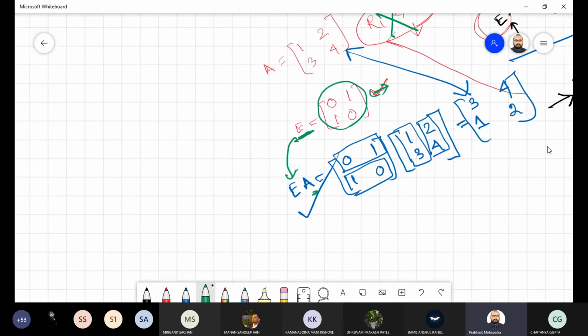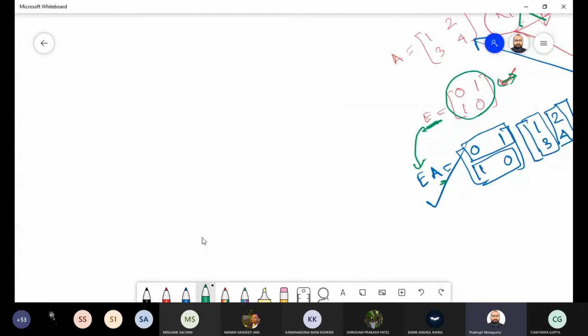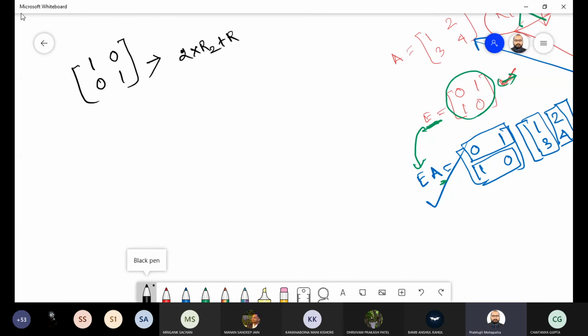Now there is another operation also. What is the third operation? The third operation is a little bit complicated. You have the elementary matrix [[1,0],[0,1]]. You multiply 2 with the second row and add it to the first row.